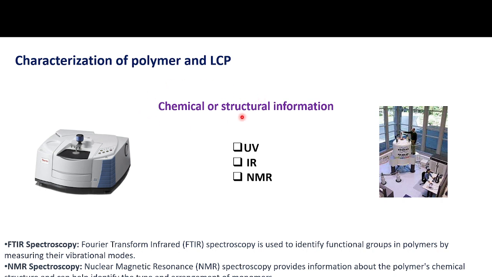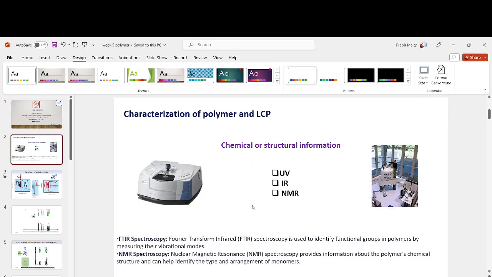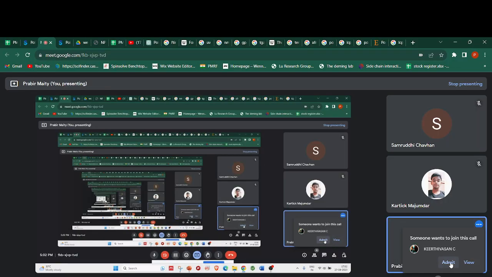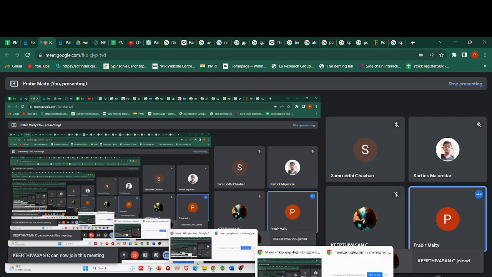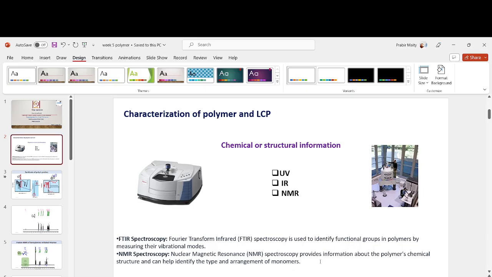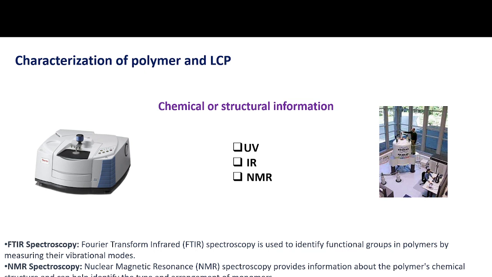To get some chemical or structural information of the polymer, we can do characterization techniques such as UV visible study, FTIR study or NMR study.